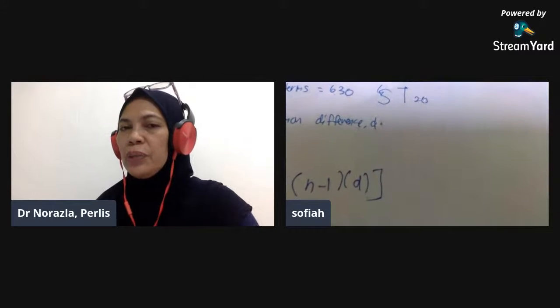So if you have two unknowns in any question, that means you will use the simultaneous equation.